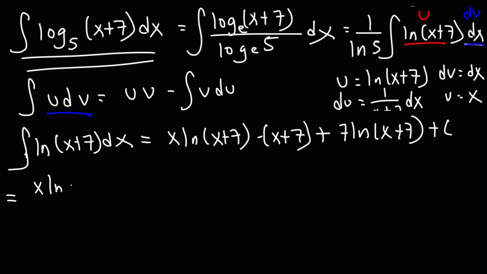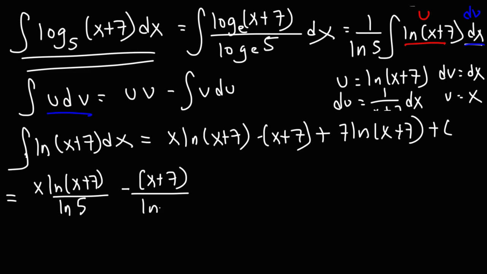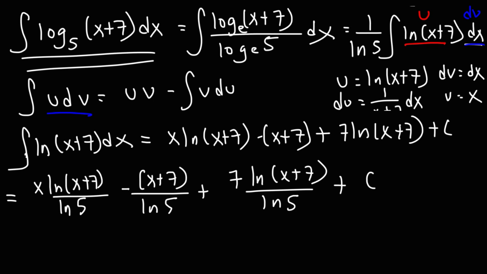So it's x ln(x plus 7) divided by ln 5, minus (x plus 7) over ln 5, and then plus 7 ln(x plus 7) over ln 5, plus c.